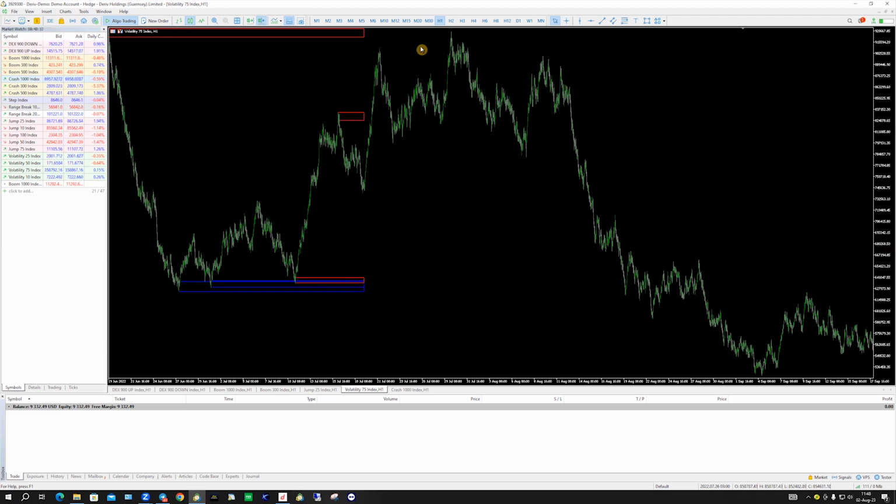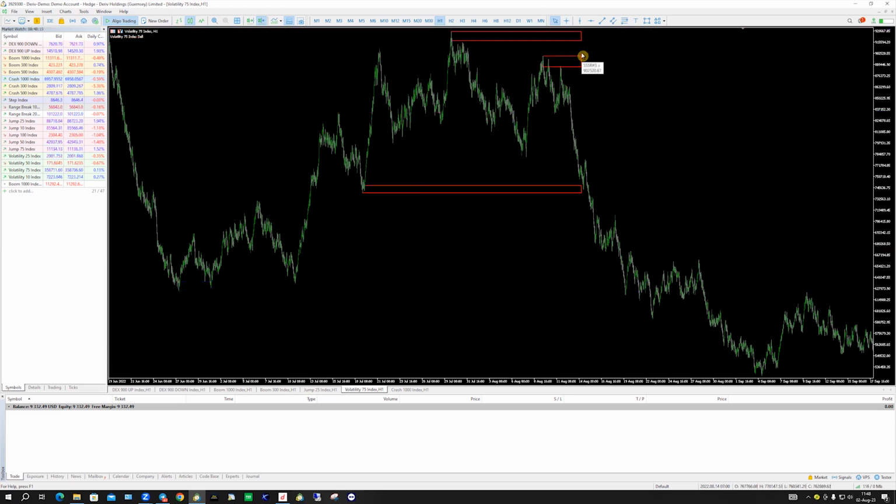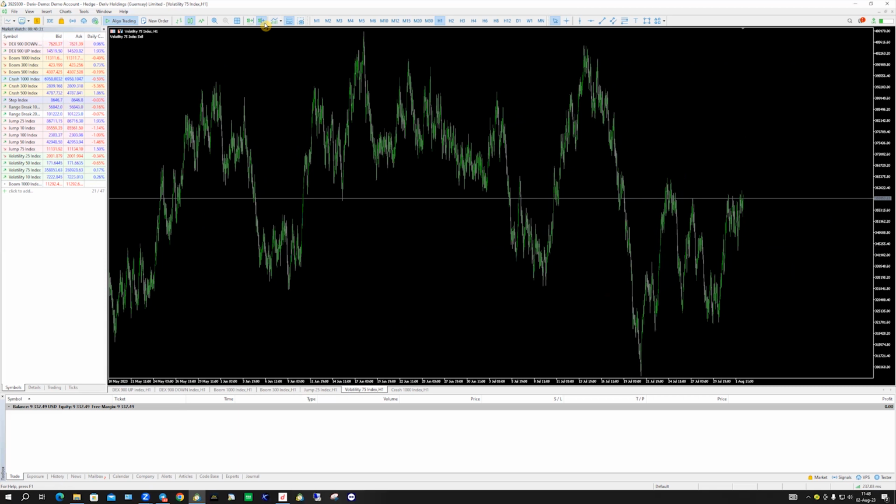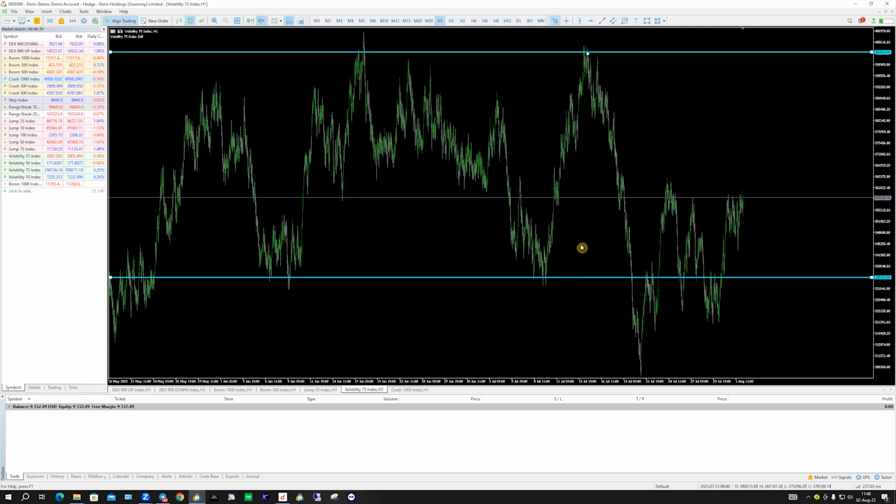So this tells us that with this system, you can trade the key areas, and you can also trade only by relying on highs and lows. When we say swing high and low, we mean that this is the swing high, this is the swing low, and also this is the swing high and low.